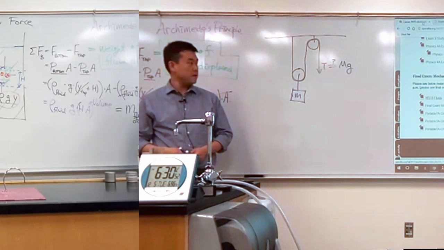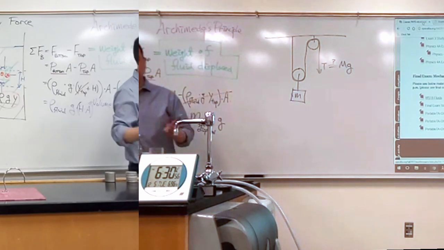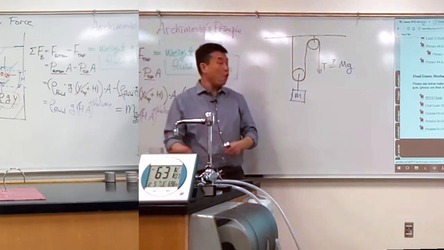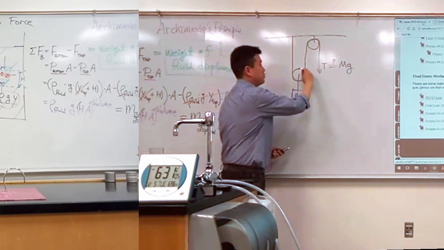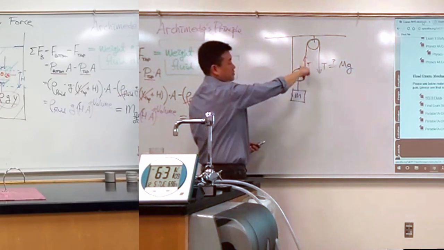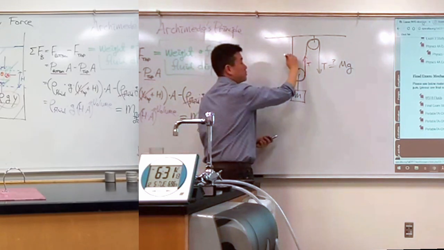It's less than mg. Here's the quick way to kind of get at it without doing a bunch of math. So you have tension here. Hopefully you have this intuition that this is tension, same tension here. And it's the same string, no friction or whatever. So this is also the same tension.